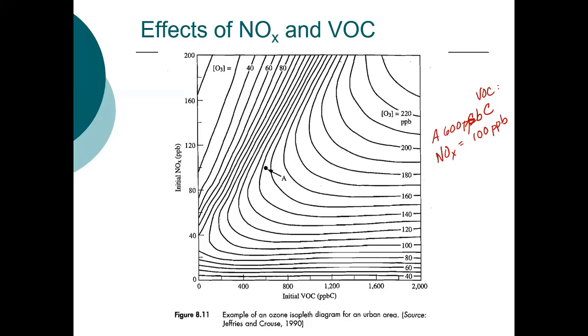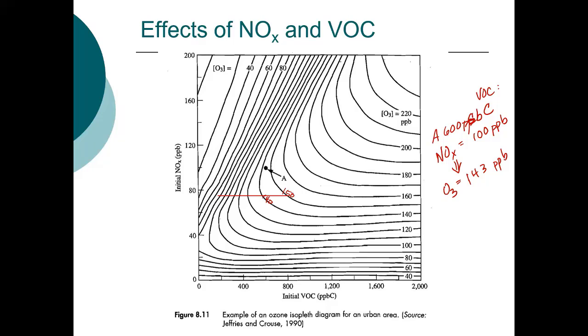And we're looking at the level of ozone. This is what we're trying to determine from these isopleth lines. This is the isopleth line for 140. This is 150. We interpolate between those, and we're going to assume about 143 parts per billion. If we got a ruler, we could measure that even more accurately.